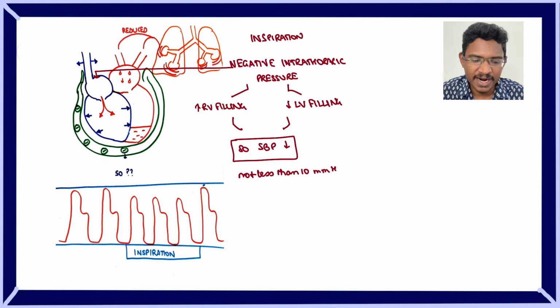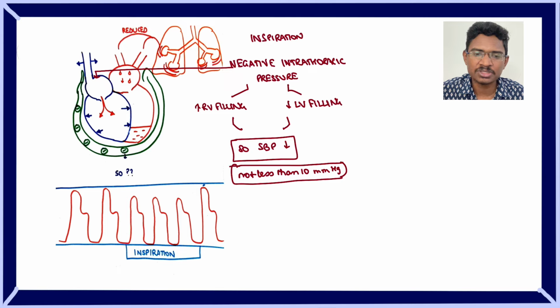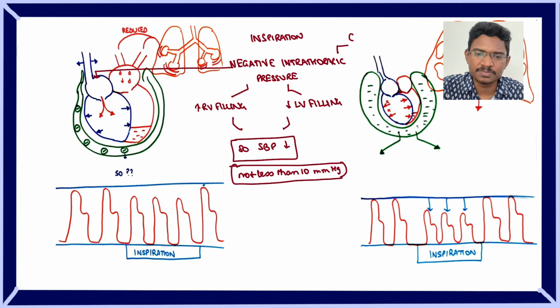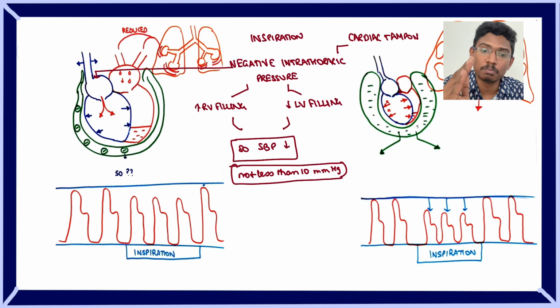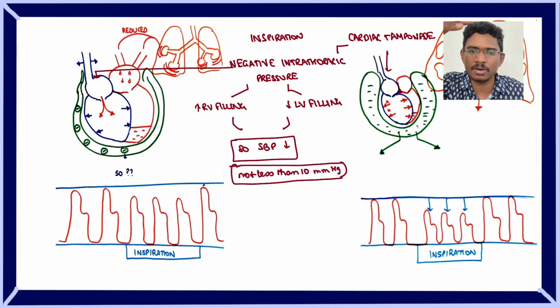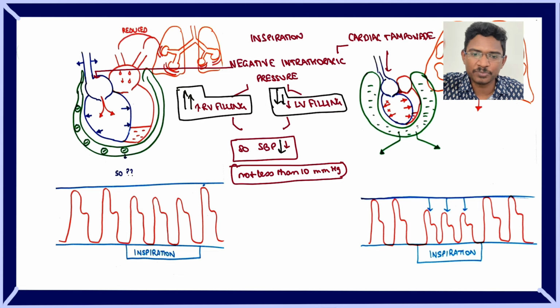What happens in cardiac tamponade is, as I told, there is pan-diastolic resistance. Throughout the diastole, it obstructs the blood flow from the RA to the RV. So the interventricular septum shifts more towards the left to get blood from the RA to the RV.